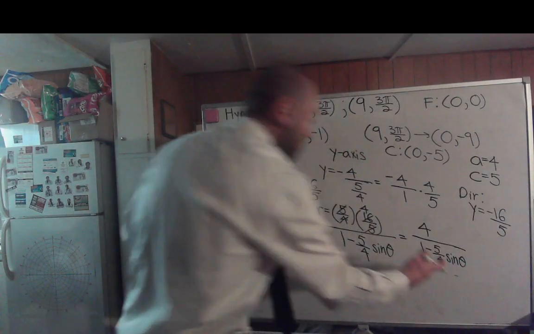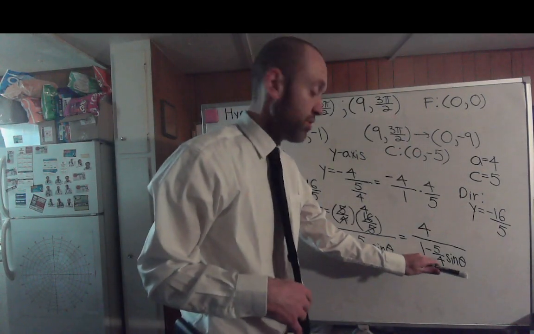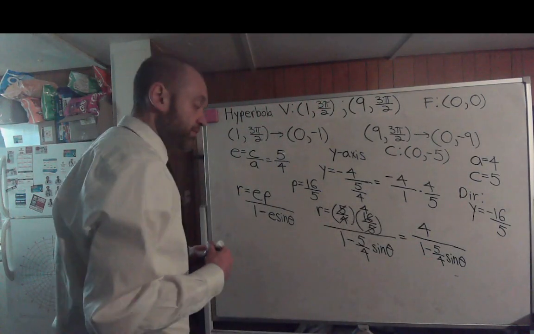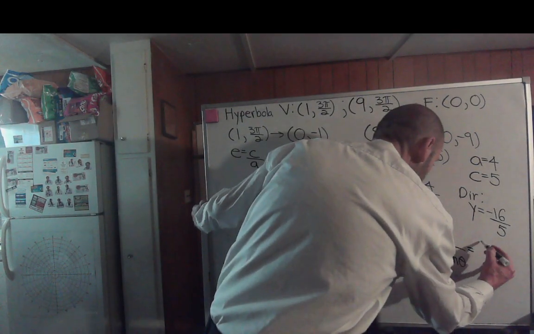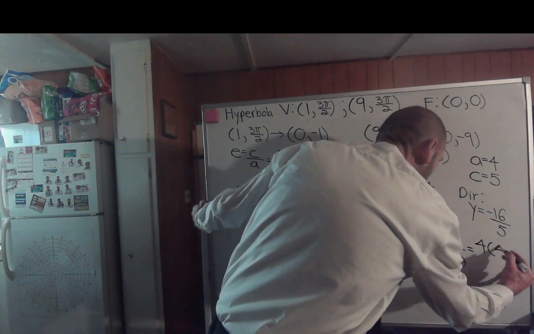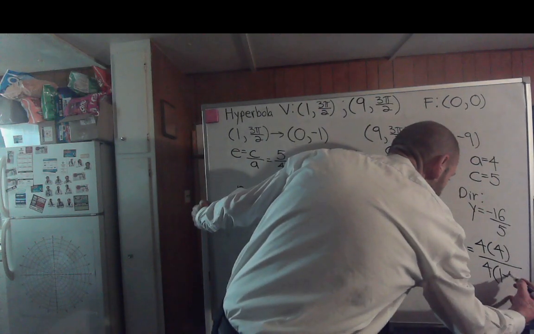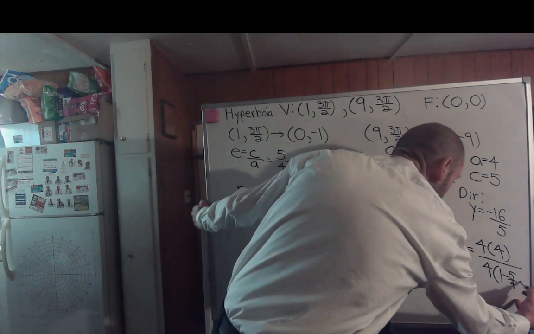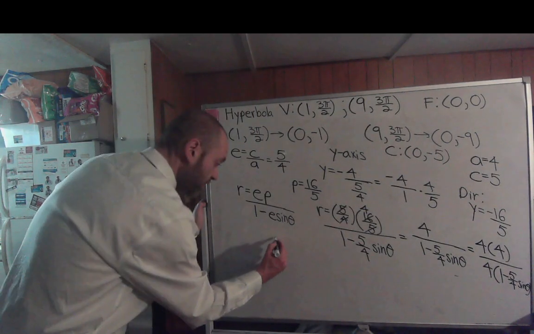But of course we want to get rid of that fraction in the denominator, so we need to multiply both numerator and denominator by 4. So let's just write this here. You'll end up having 4 times 4 all over 4 times 1 minus 5/4 sine of theta, which now we should be able to get our final answer.